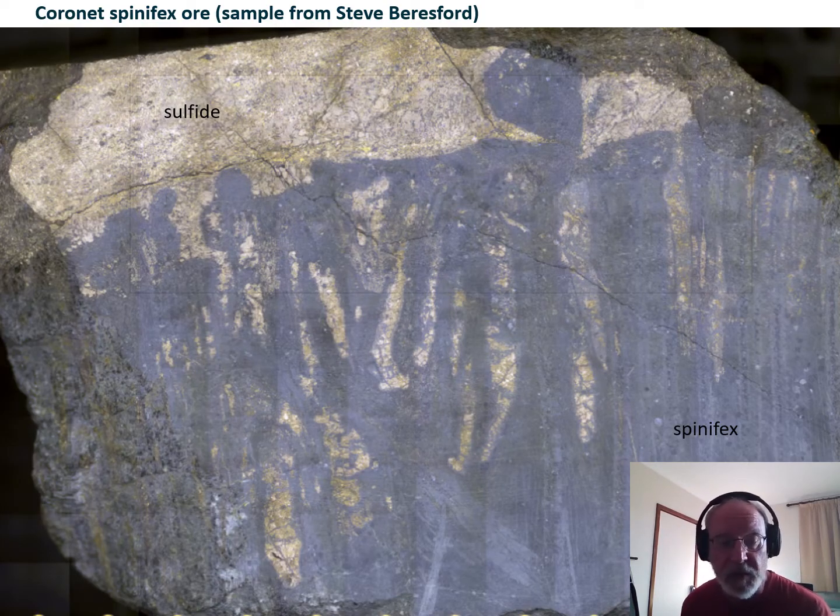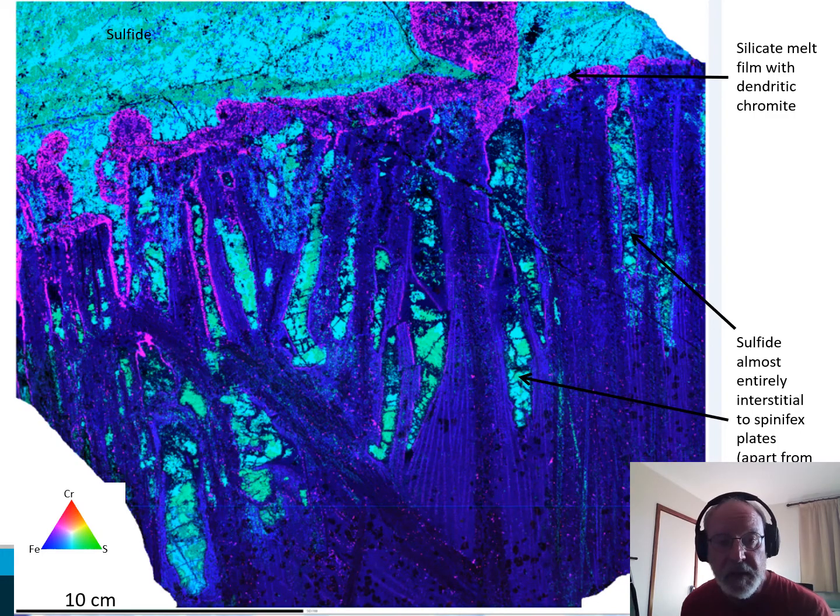And here's a close-up of one of these that we studied from the Coronet ore body at Kambalda. That's an XRF map. And what you can see there, the sulfide in this particular image shows up in these turquoisey colors. The olivine and the silicate component show up in different shades of blue.